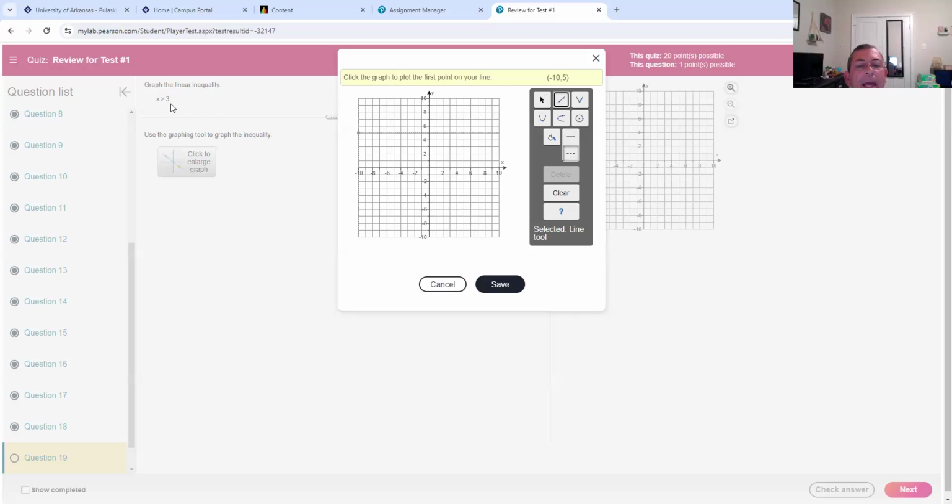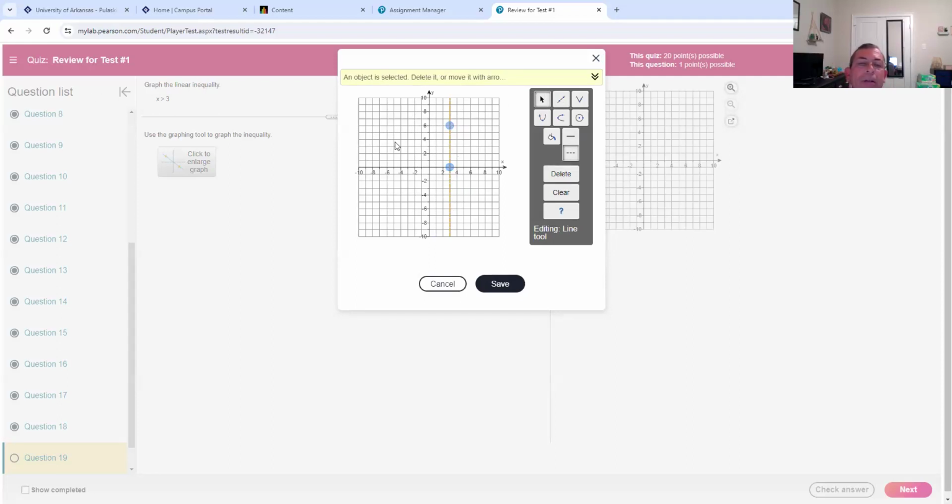Now remember, x equals 3, you go to 3 on the x-axis, plot a point, and then you can go up or down to any other y value for that point. So I'm just going to click here. It made me a vertical line through 3 on the x-axis. Now, this is greater than.